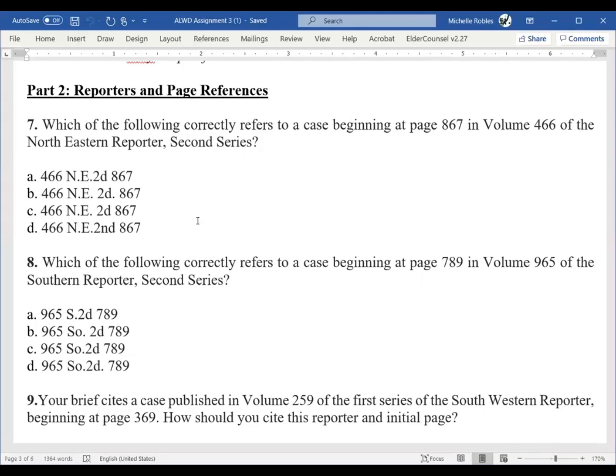And actually, Massachusetts is the one that falls into that category. If you pull up the table for Massachusetts, you're going to find how to write Northeast second. On the table on page 393, you're going to notice that A is actually the correct answer.